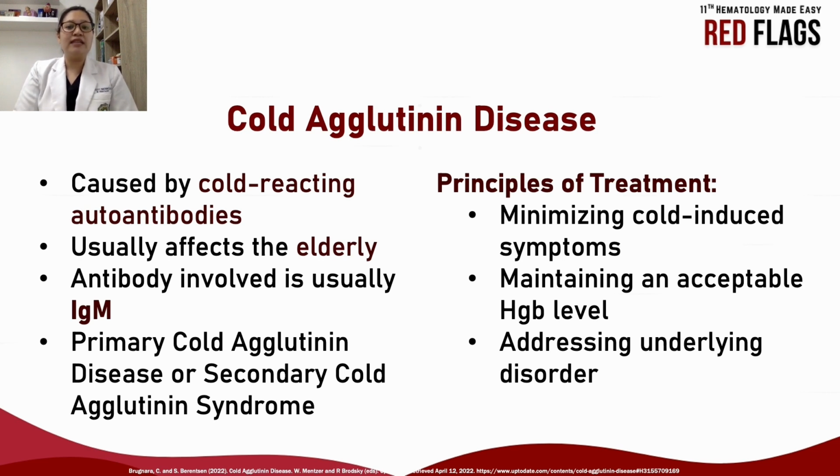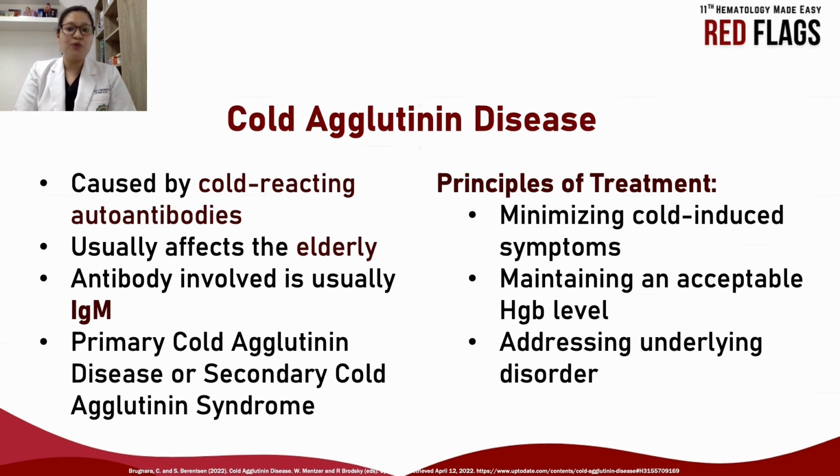Now, when cold agglutinins arise in the setting of an underlying disorder, such as a viral infection, autoimmune disorders, or lymphoid malignancies, the syndrome is referred to as a secondary cold agglutinin syndrome. It should be noted that not all individuals with cold agglutinins have clinical manifestations.